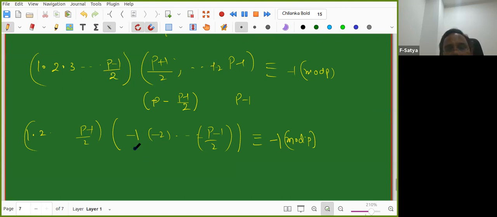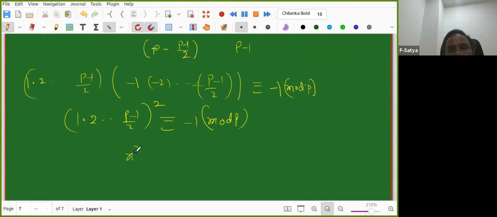So an even number of minus signs will come. So the square of 1 into 2 up to (p minus 1) by 2 is congruent to minus 1 modulo p. So x square congruent to minus 1 modulo p has a solution. What is the solution? x is equal to ((p minus 1) by 2) factorial.